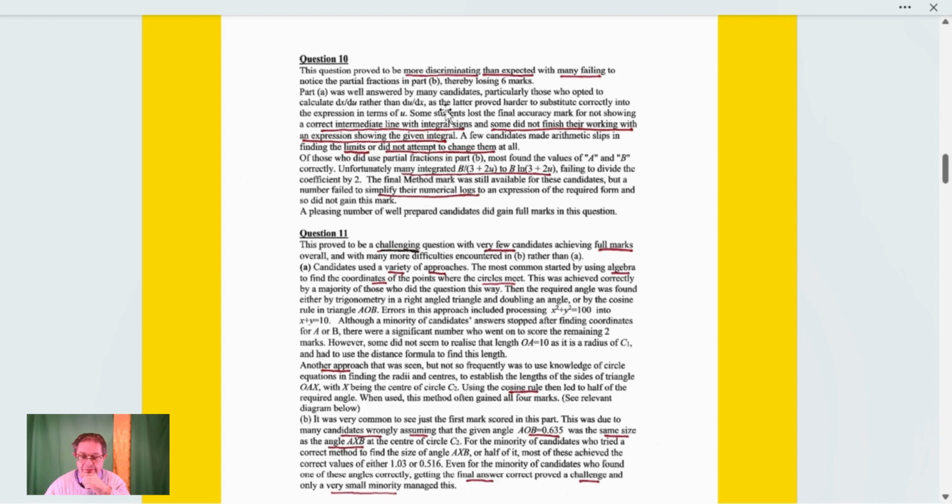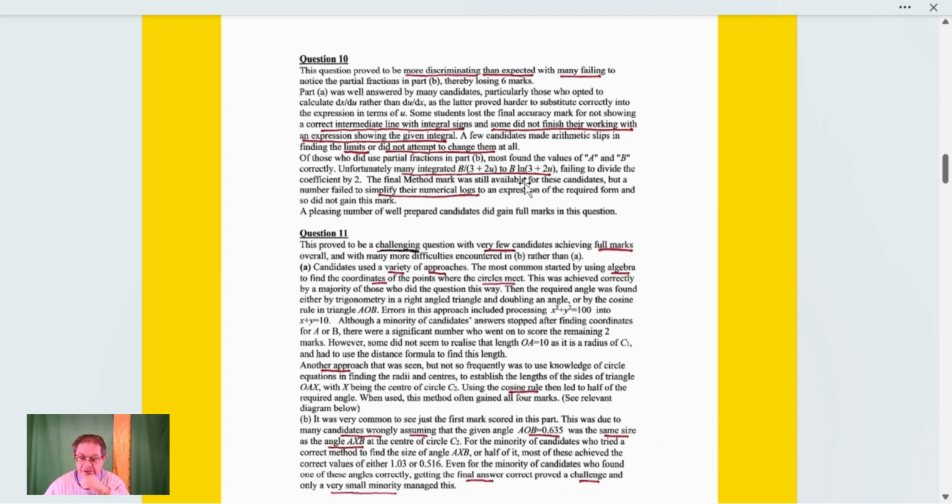Some students lost the final accuracy mark, and some did not finish their working with an expression showing the integral. A few made arithmetic slips in finding the limits, or did not attempt to change them at all. Of those who did use partial fractions, most found the values of a and b correctly.